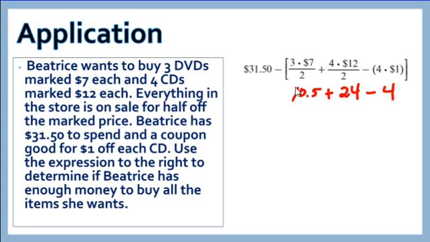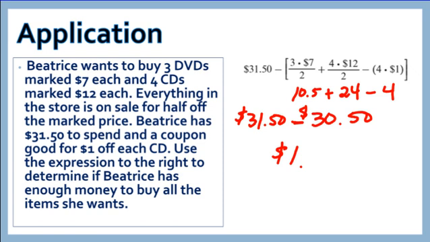Add from left to right, so we have $10.50 plus $24 gives you a total of $34.50. Minus $4, you have $30.50, and she has $31.50 to spend. So if I subtract how much she's spending from how much she has, she has a total of $1 left over. So does she have enough? Yes, she has enough money.